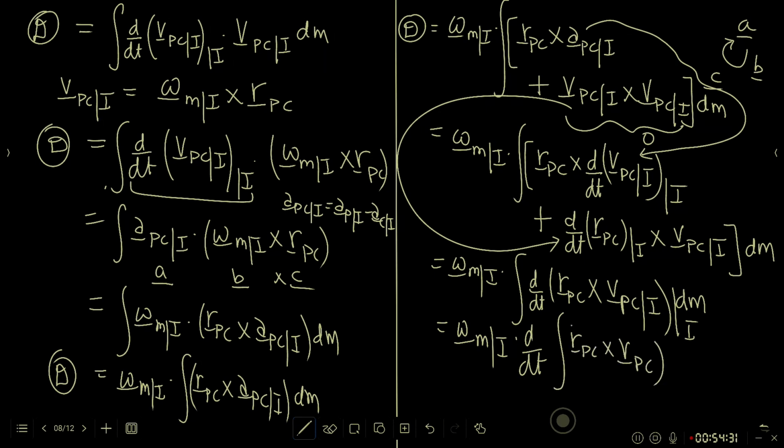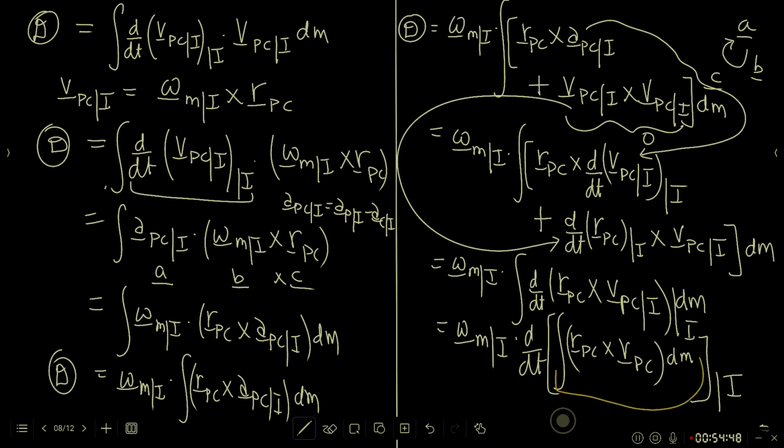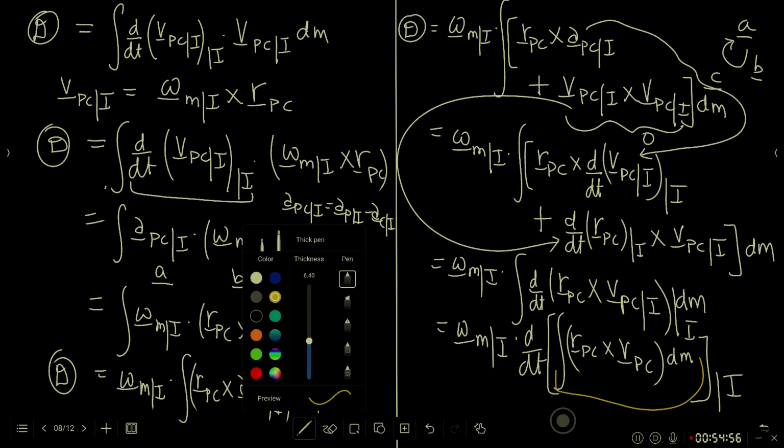So I have D as omega mi dotted with d dt of HCI with respect to I. HCI is the angular momentum of the RB about its own center of mass and with respect to frame I. It's quite a journey, quite a derivation.